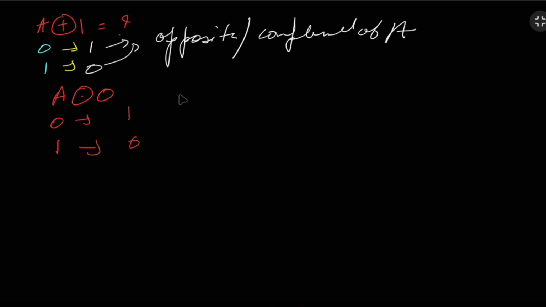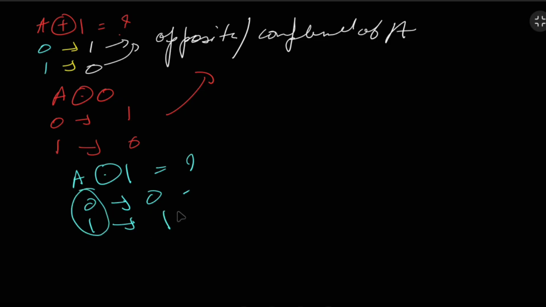The final result is again complement of A. Now, if we talk about A XNOR 1, then what will be? 1 is again fixed, 0 here, 1 here. If A is 0, then final result will be 0. If A is 1, the final result will be 1. Final result is same as A. So, the answer will be A.